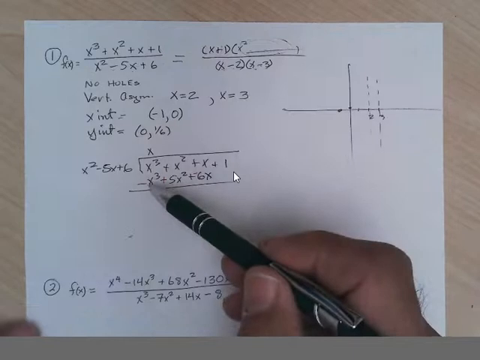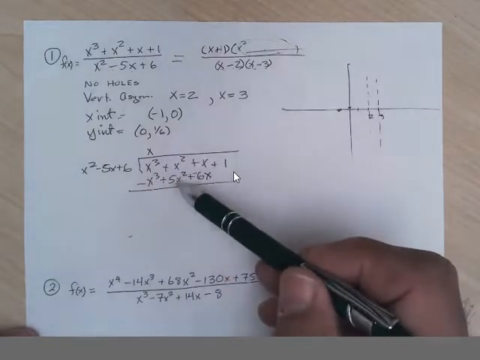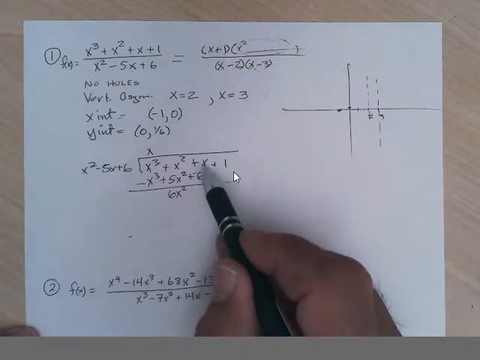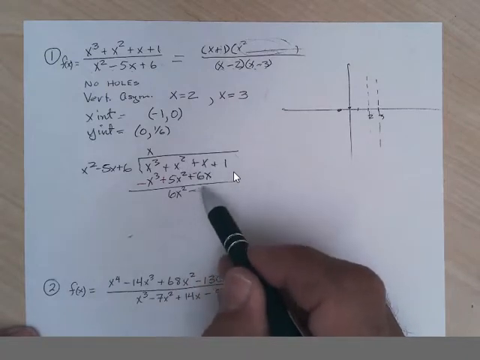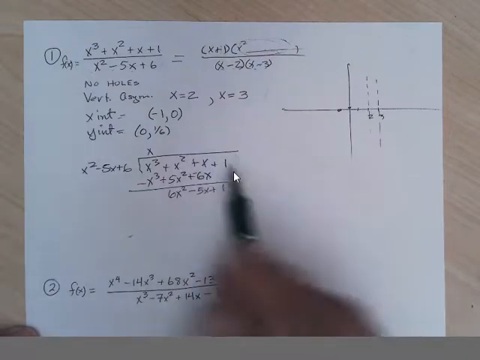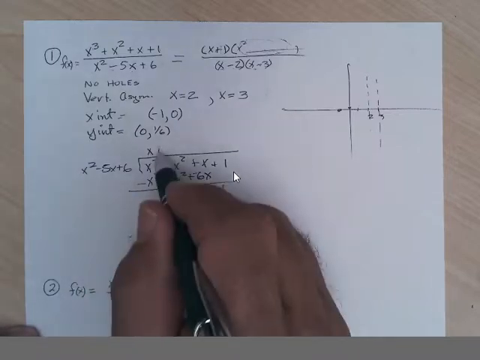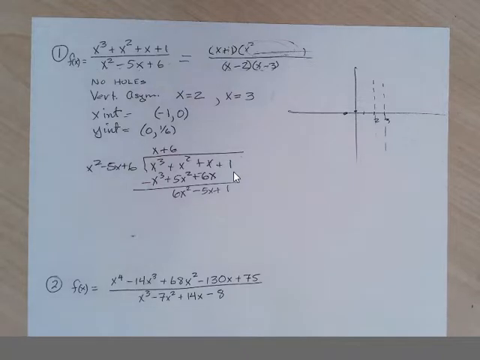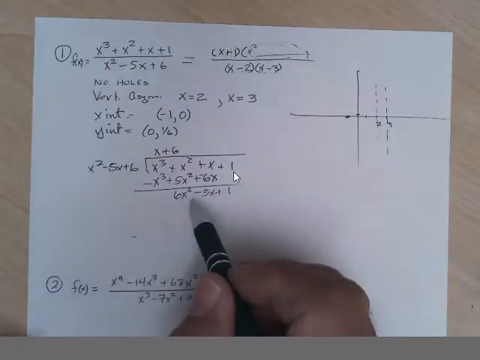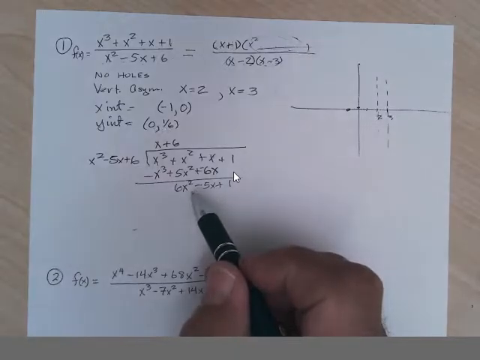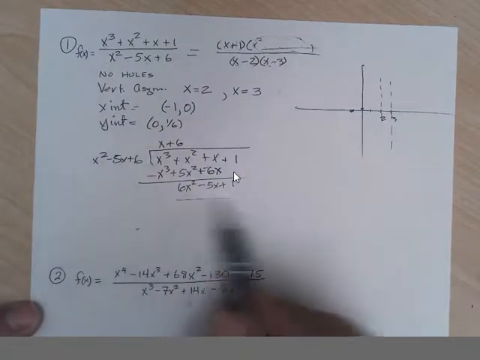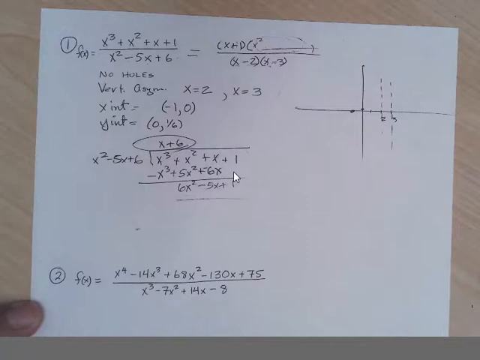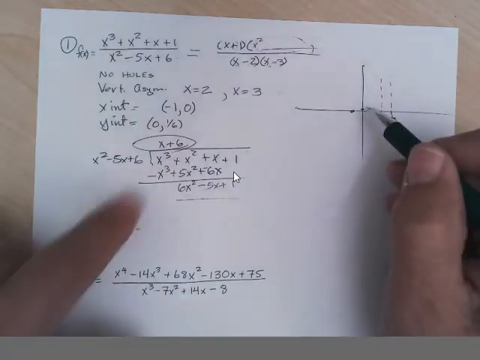And now I can add instead of subtract. And that's 0, and these are like terms, so I get 6x squared minus 5x plus 1. X squared goes in there, plus 6. I can multiply 6 by this, get stuff here, and I can do the subtracting, but I already have my line. It's y equals x plus 6.